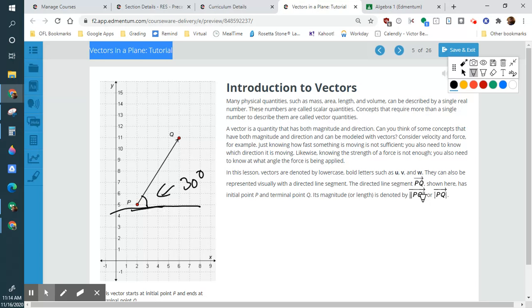So if this was 30 degrees and this way is east, we would be saying 30 degrees north of east. If you're ever sailing, or in the Navy, they use this a lot to figure out the position of things, where they're going to be, and how far they're going.